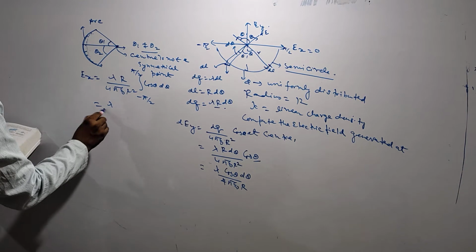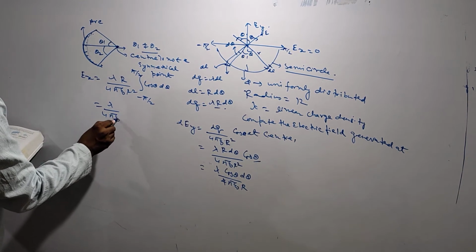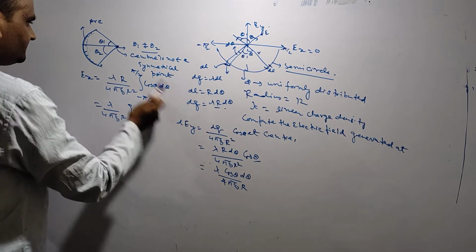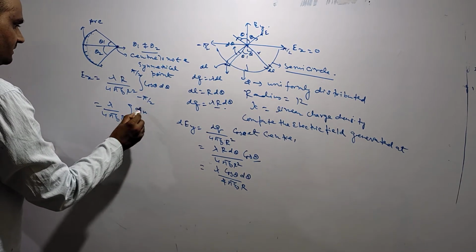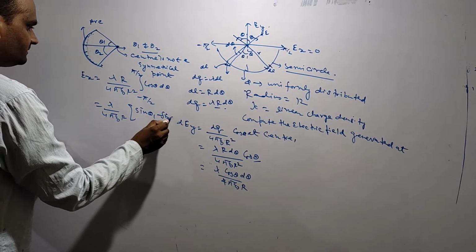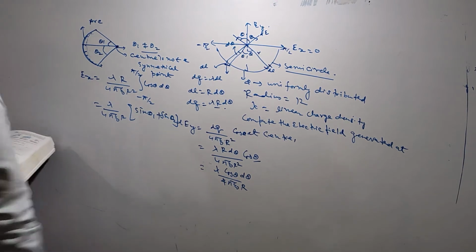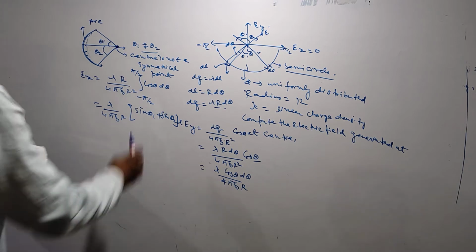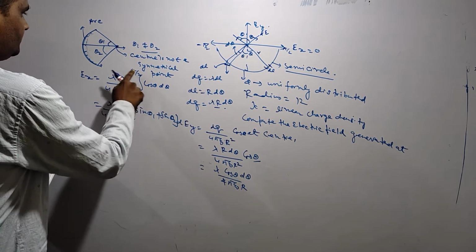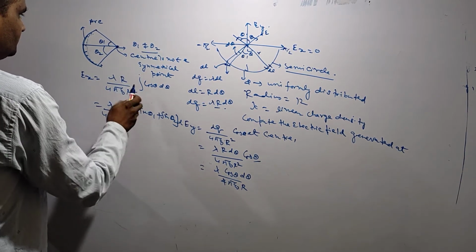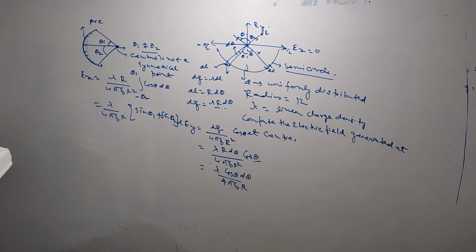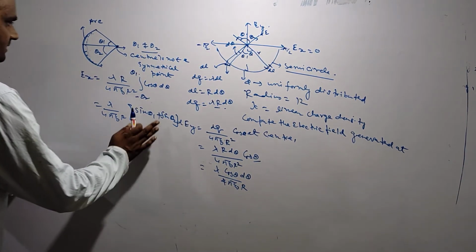We are left with lambda by 4 pi epsilon naught r. Again we are repeating the same expression, but here it is sin theta 1 plus sin theta 2, with limits minus theta 2 to theta 1. Okay, this is your expression.